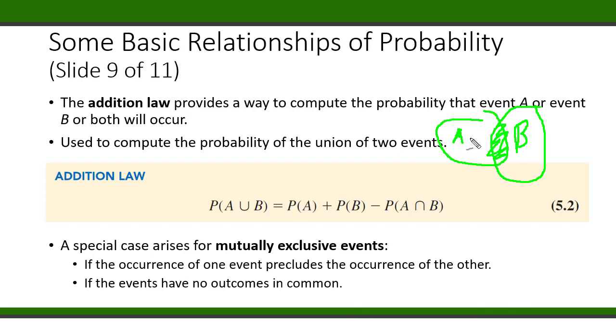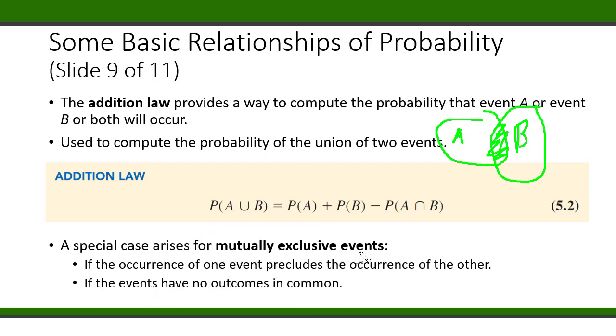So we've got the probability of A, the probability of B, and we're going to eliminate the intersection portion. And that gives us the addition law.